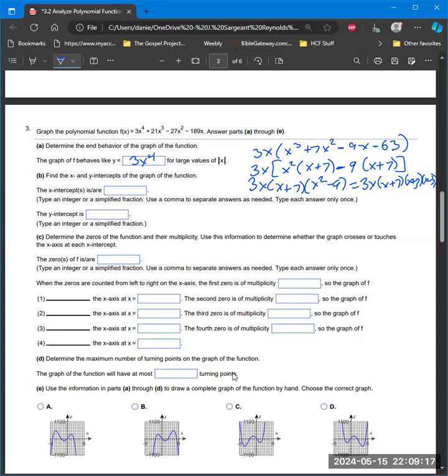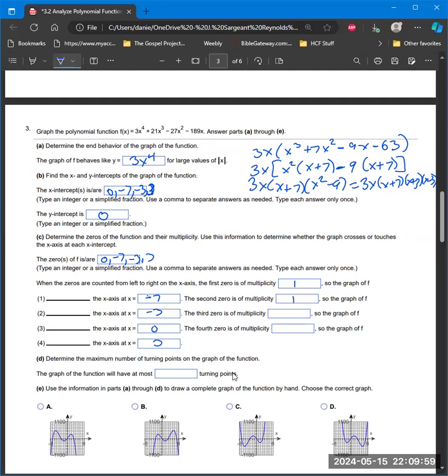So the x-intercepts are going to be at 0, -7, -3, and 3. 4 zeros there. The y-intercept is going to be at 0 because there's no constant term there. It's an invisible 0. Same thing here, -7, -3, and 3. Let's go in order here: -7, -3, 0, and 3.